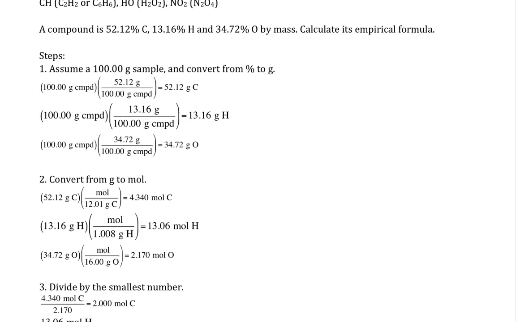We've assumed a 100-gram sample because if it's 52.12% carbon in this 100 grams, we have 52.12 grams of carbon. We have 13.16 grams of hydrogen. We have 34.72 grams of O.